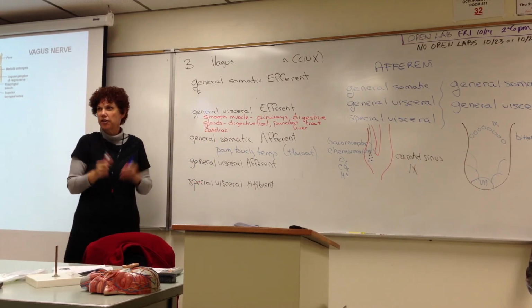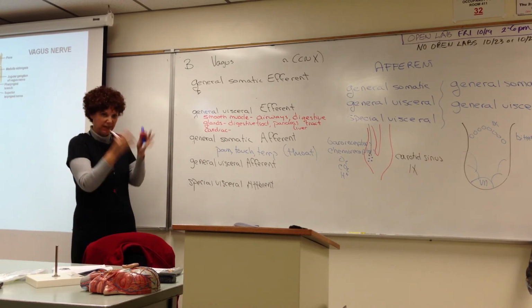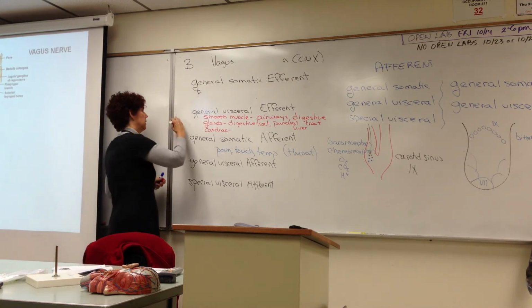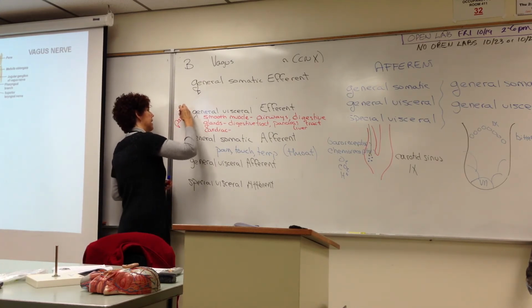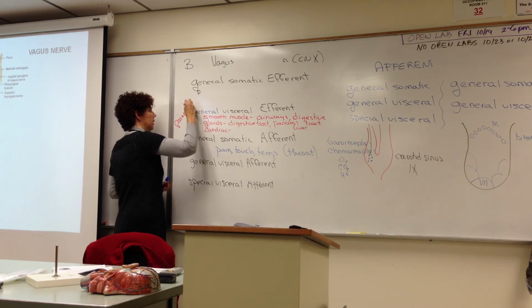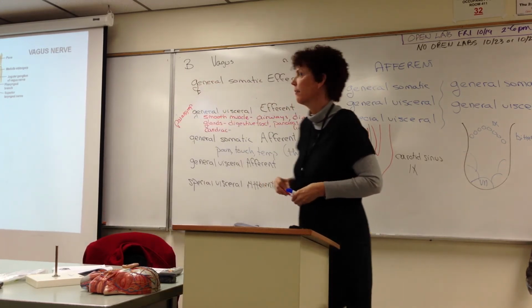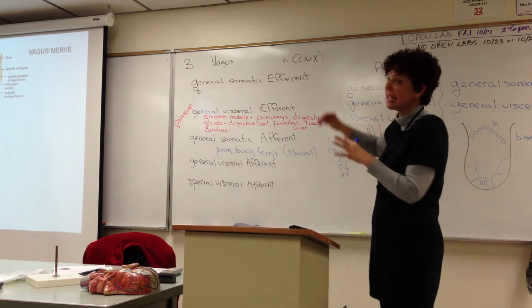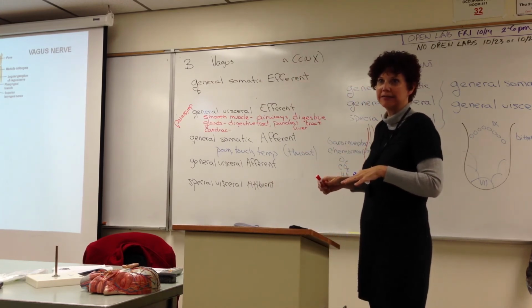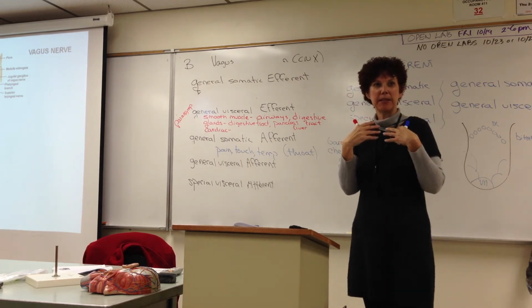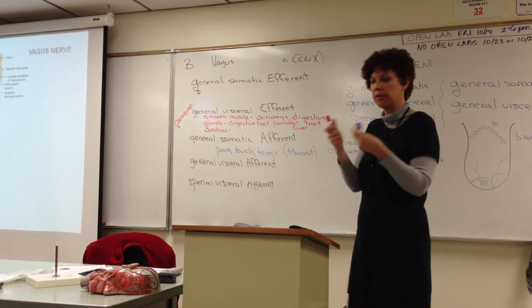Individual specific functions you don't have to know right now, okay? So just kind of the general area where it's doing this. And that's what most people recognize of the vagus nerve. You get vagal responses and stuff like that. However, before it gets that far down, it innervates those same pharyngeal muscles that we talked about with the glossopharyngeal.